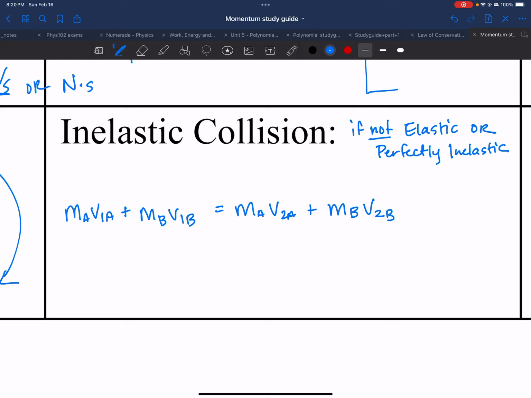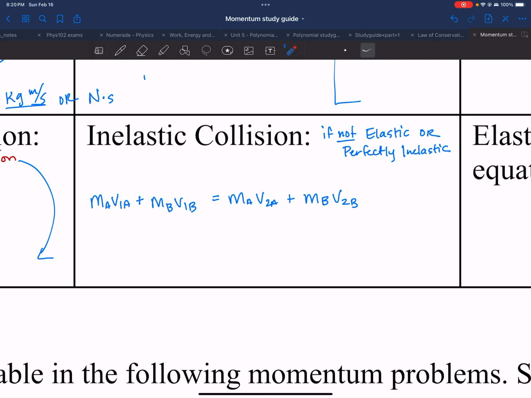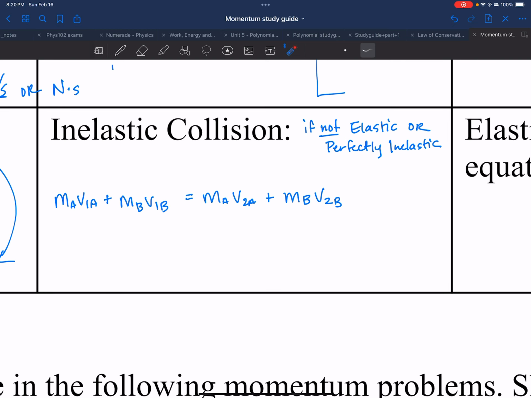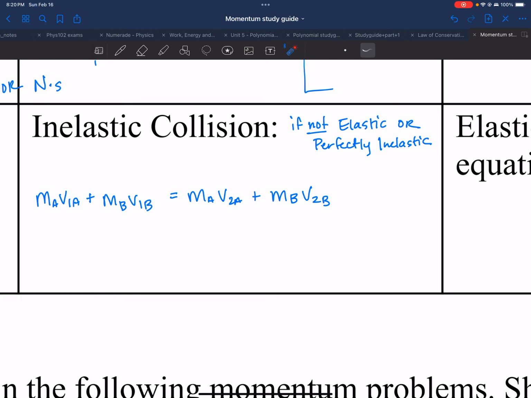I don't know that you necessarily want to solve this out for all of them, because a lot of times, let's say your second object is at rest, then that whole term would go to 0. So you never know what's happening. I wouldn't put too many. I would practice manipulating your equation.